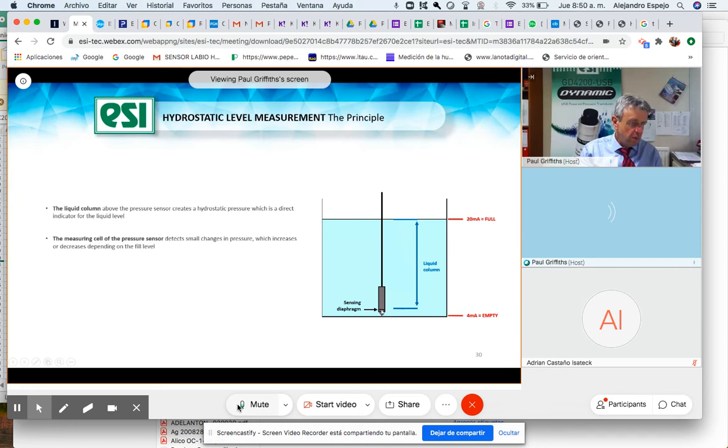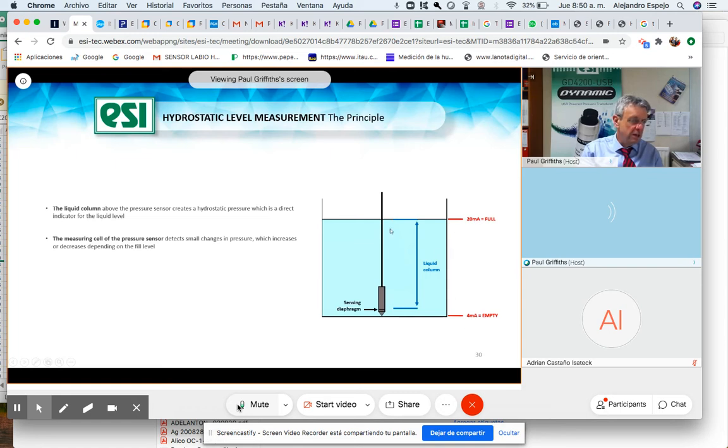So when the tank is empty, the output will be zero; it will be 4 milliamp if it's a 4 to 20 milliamp transmitter, which mostly it is. And when the tank is full, it will be 20 milliamp.